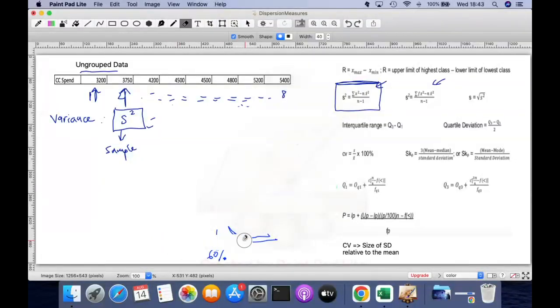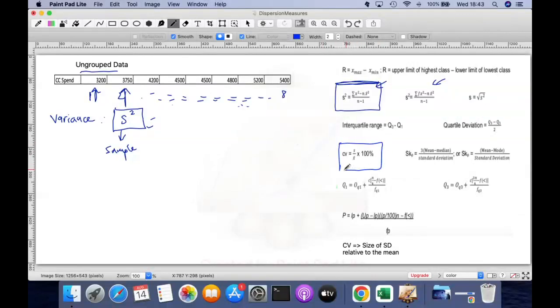Another value you could be asked to work out is the coefficient of variation, the CV value, which is this. You take your S, your standard deviation, divide it by X bar, and multiply by 100%.